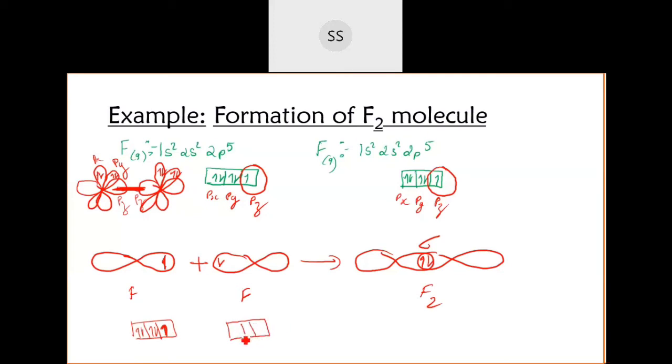Like this. You are talking like this. This is the doubt. Like you are having one orbital with 4 electrons and another orbital with 1 electron. Correct, no?